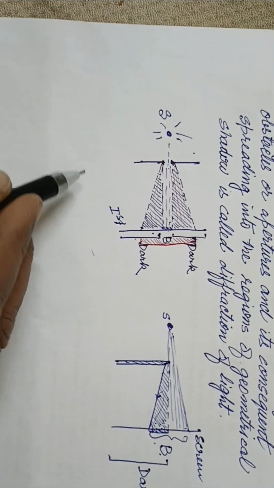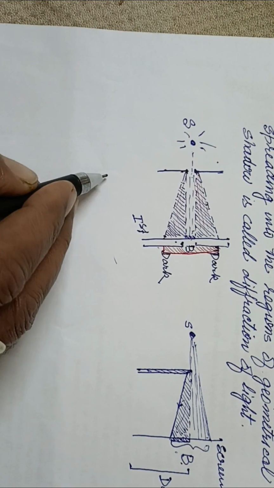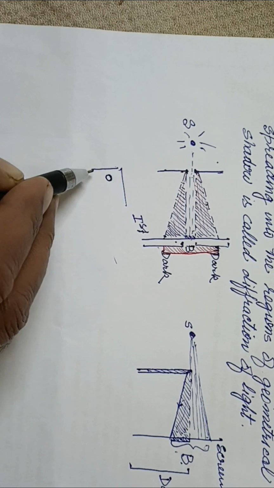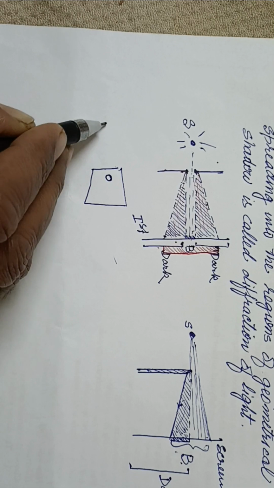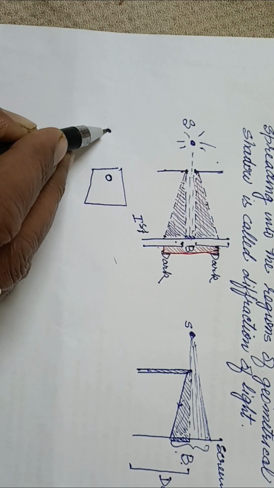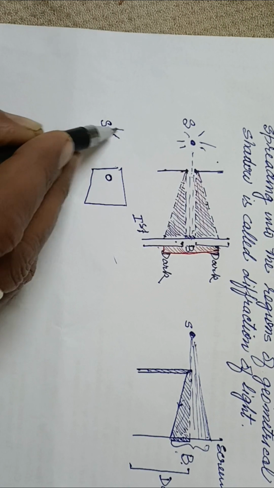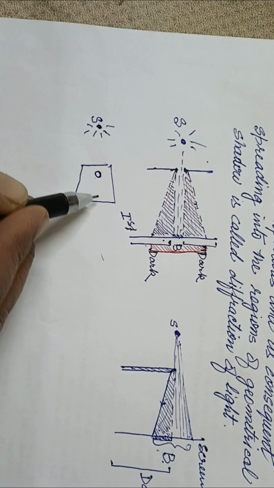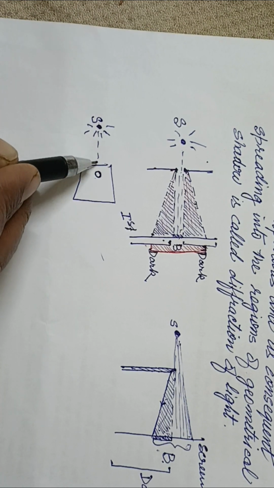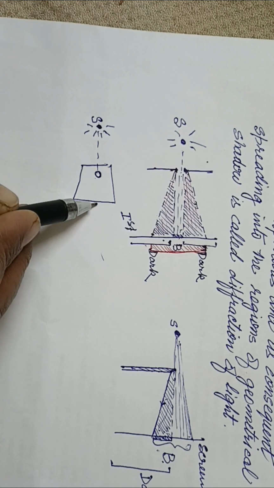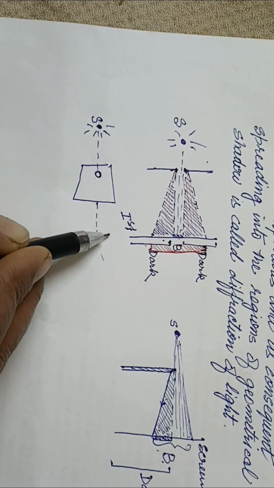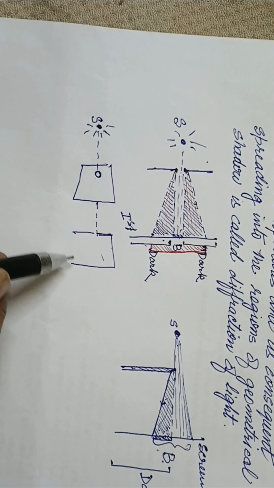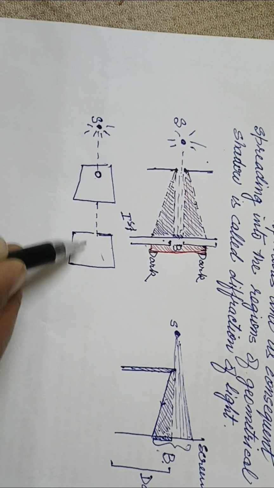If you take an aperture, means a small hole, suppose you have taken a small hole in front of a light source S, and in front of that you have placed a small aperture. As we know that light travels in a straight line, it should pass through it, and in front of that there should be a similar hole or bright patch.